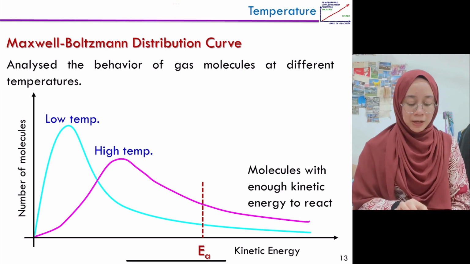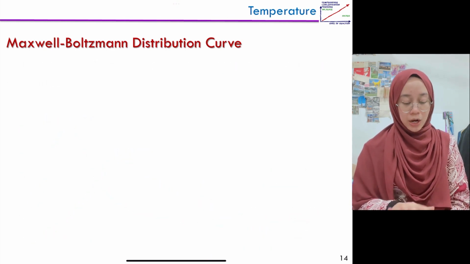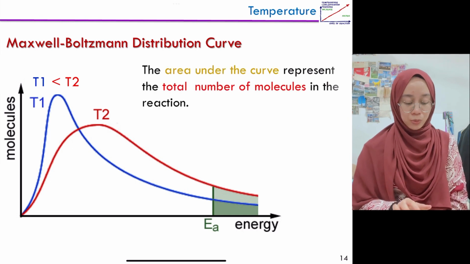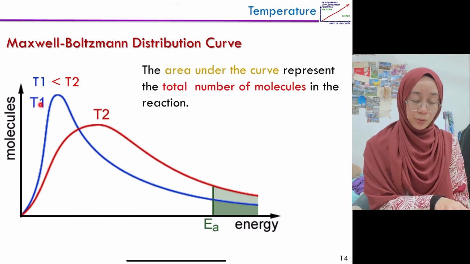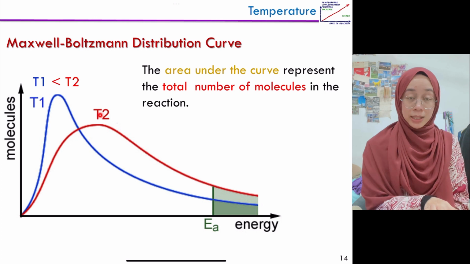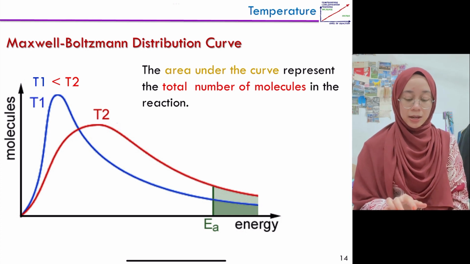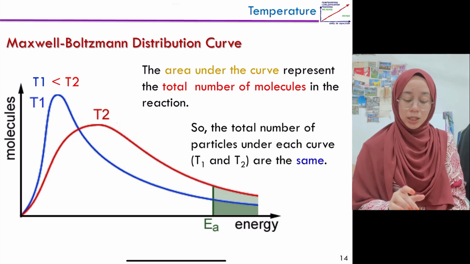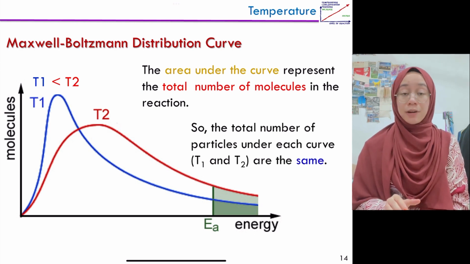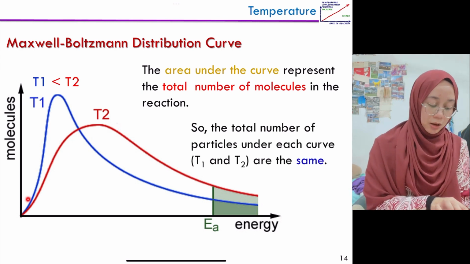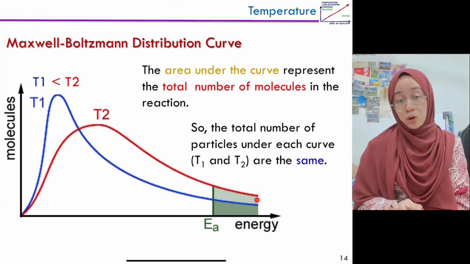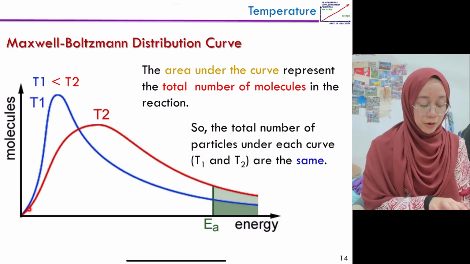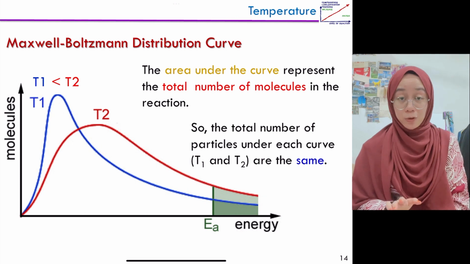So apa kegunaan untuk kita tahu this particular area pula? Ada beberapa benda yang kamu kena ambil tahu. So take note sekali lagi, T1 temperature dia is lower than T2. Area under the curve represents the total number of molecules, and the total number of particles under each curve are the same. So basically, kalau bawah curve biru ni ada 10 molekul, bawah curve yang warna merah ni pun ada 10 molekul juga.